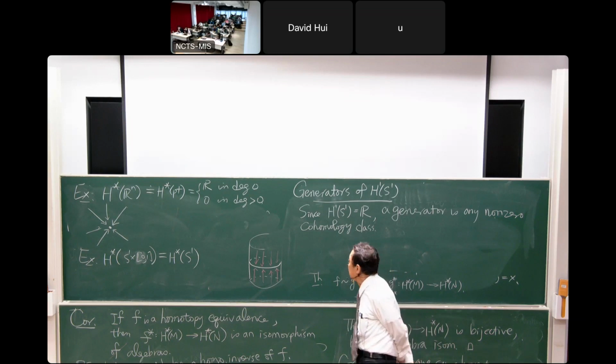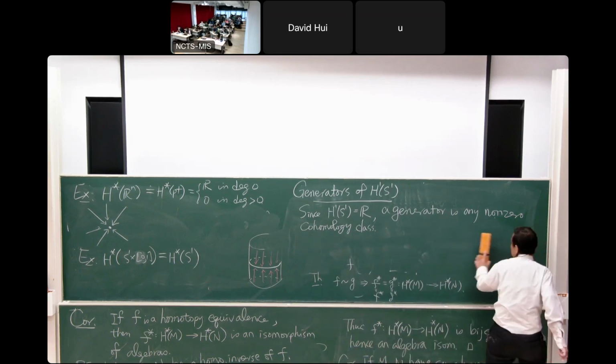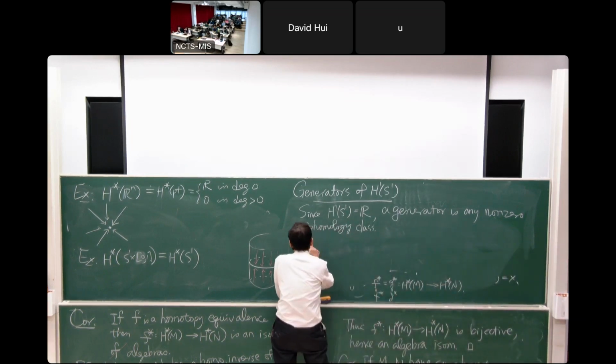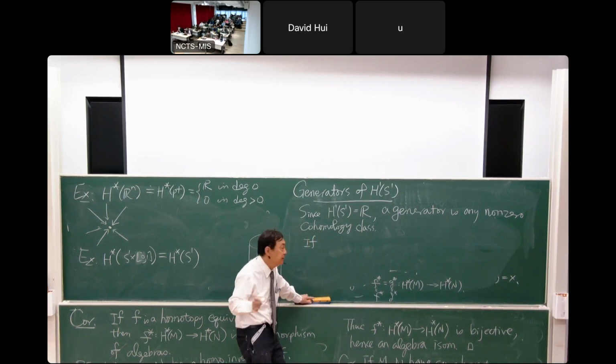Okay. Now, if a form is exact, how do you make sure that the form that you write down is not exact?